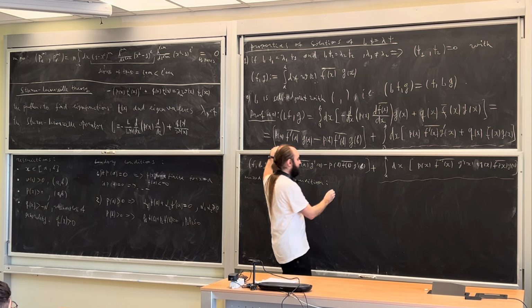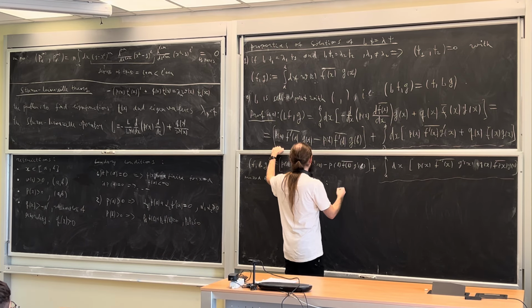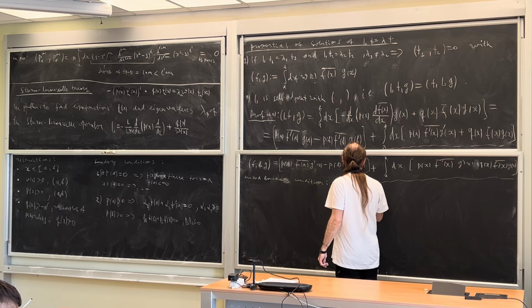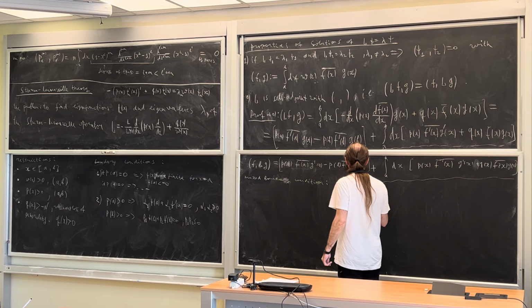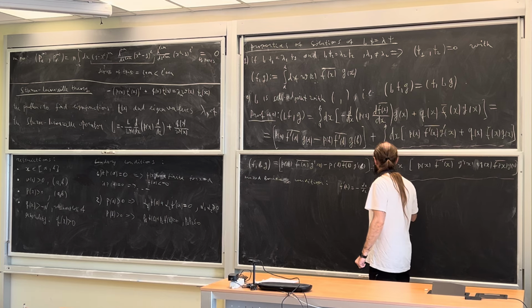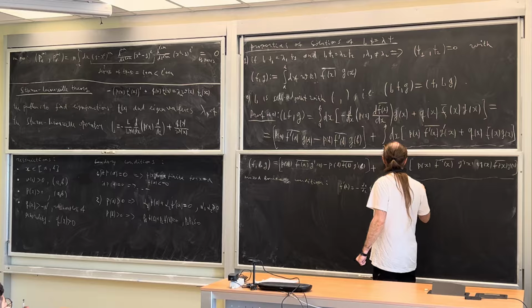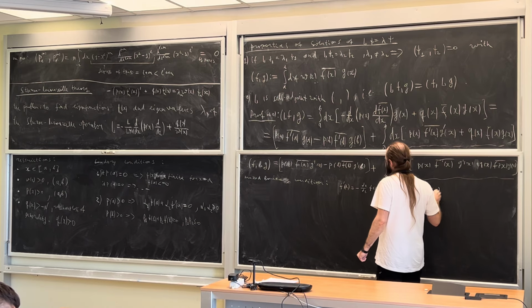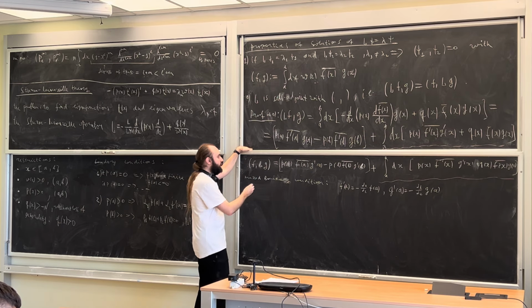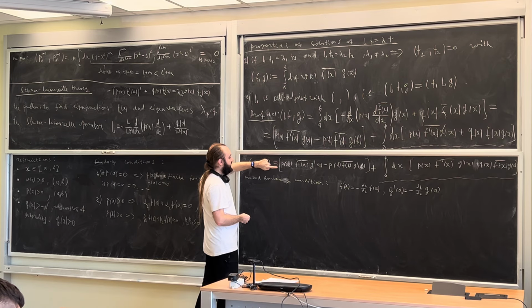So we know that f prime of a is minus alpha 1 over alpha 2 times f of a, and the same for g, because the boundary conditions are the same for all functions. So let us study this difference.